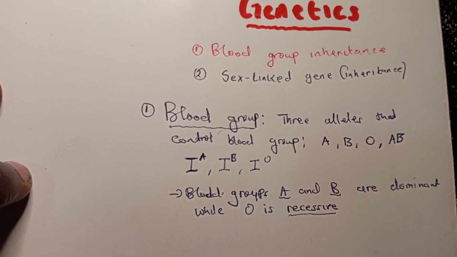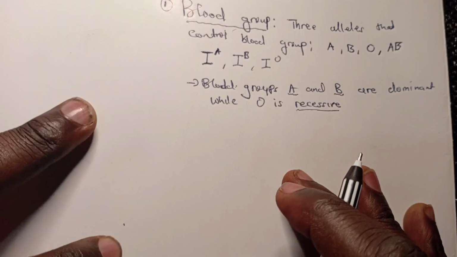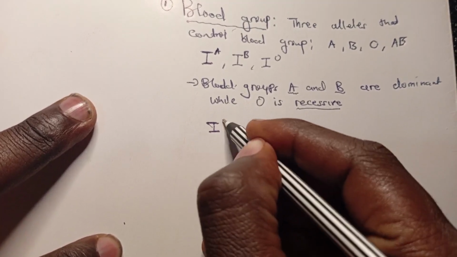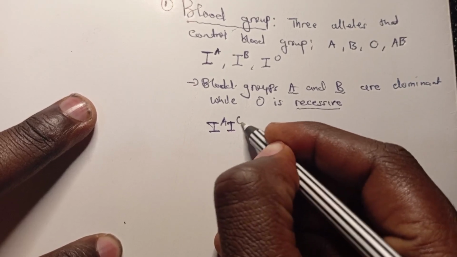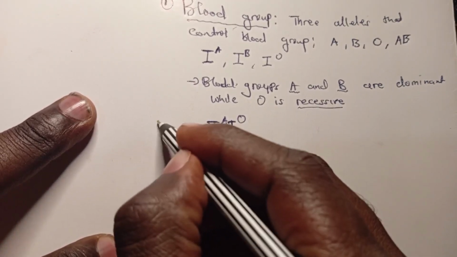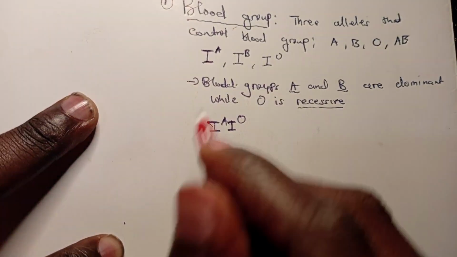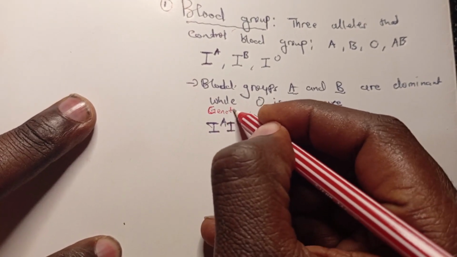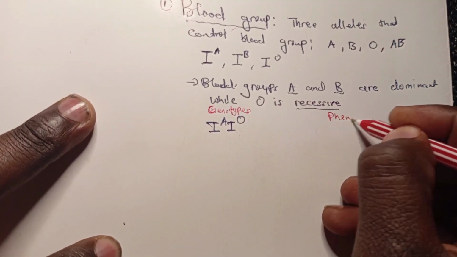So now to continue, meaning we can have this type of arrangement. If someone is of blood group A, they inherit A maybe from the mother and O maybe from the father. These we will call genotypes. I'm gonna write it up here. Genotypes, different types of genotypes that we have under blood groups, and then here I'm going to have phenotypes.